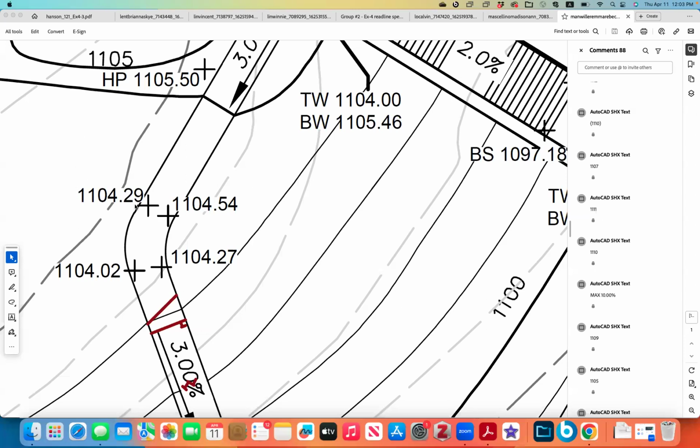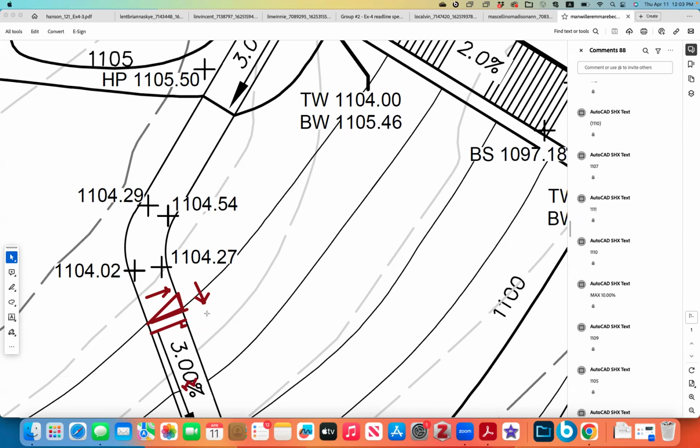How do you calculate it? You want it to be 2%. There's a relationship between the side slope and the longitudinal slope. A quick way is that if this is 5% and this is 2%, then this length will be 2.5 times that length. That's how you quickly do the side slope.